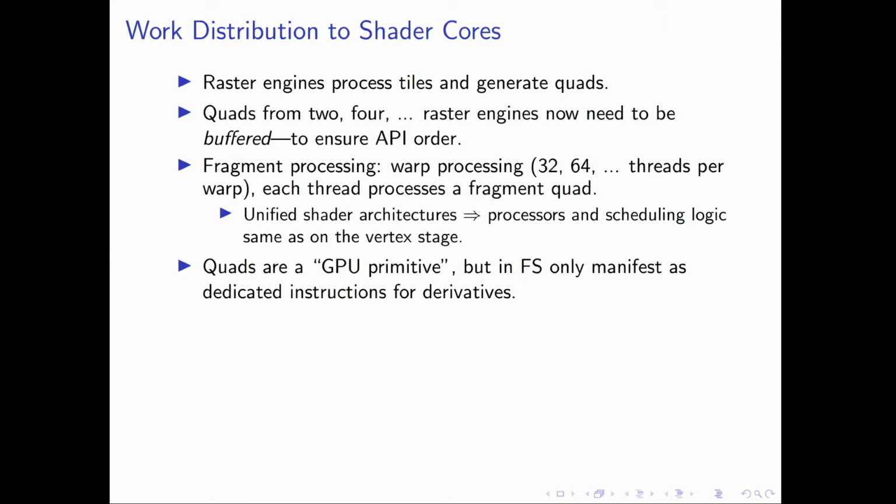The same is true here. Again we have a work distribution phase where the granularity changes. The raster engines will just process a handful of tiles, and there's only a handful of raster engines. They generate those fragment quads from those tiles, and then again we have a phase where we go wide, with massive parallelism over all the warps, over all the cores, and over all the shader processors.